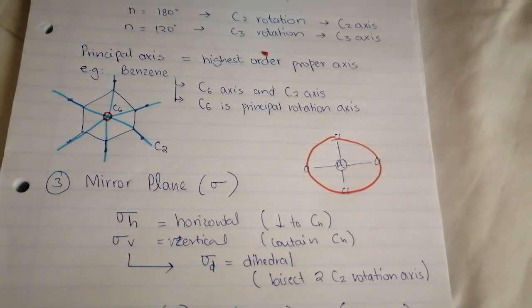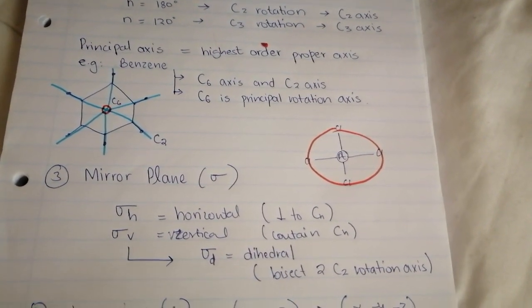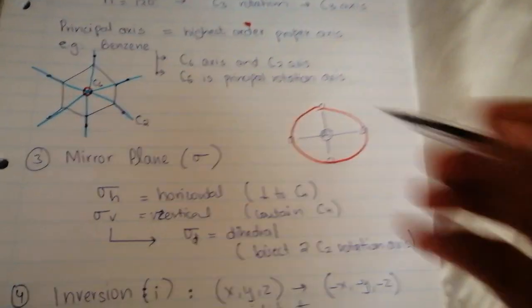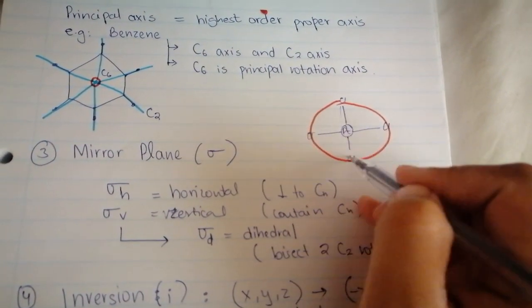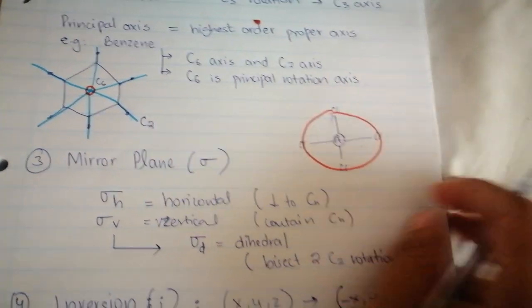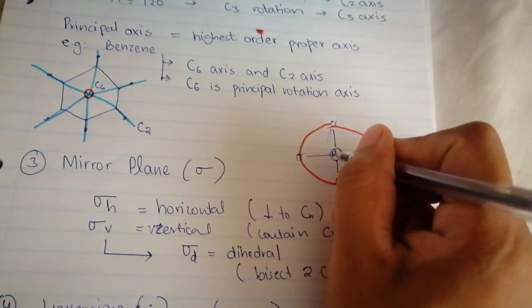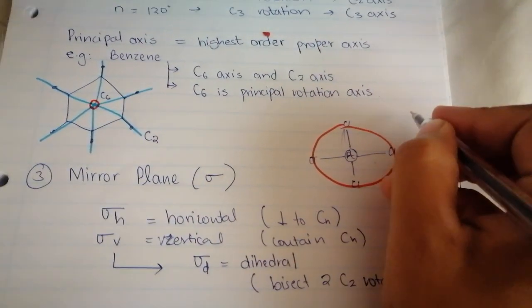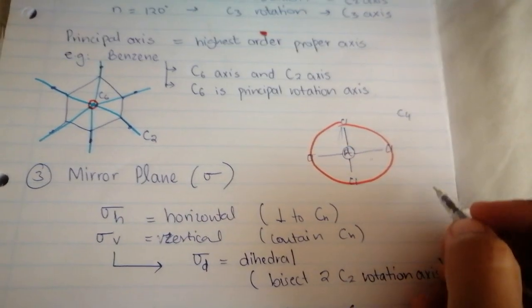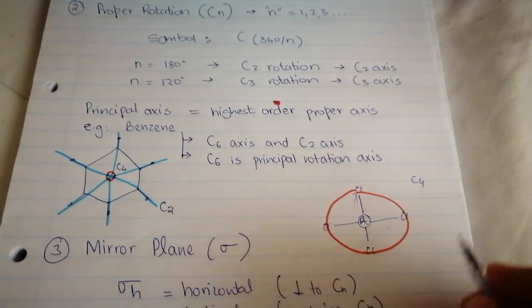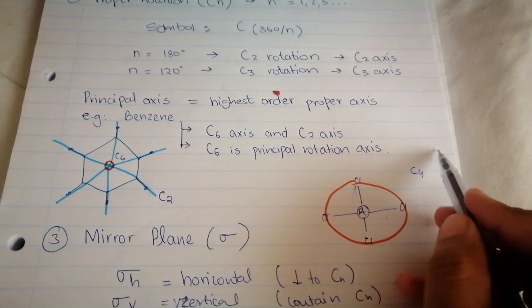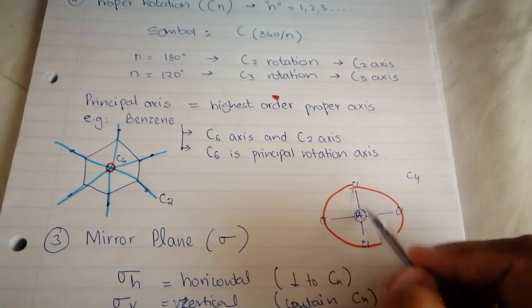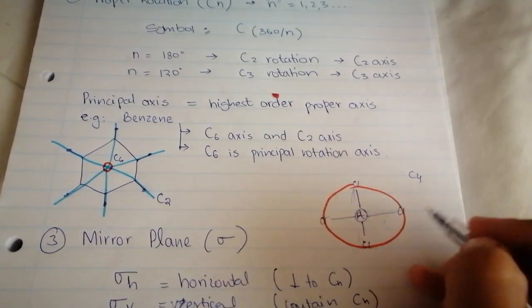Let's find the principal axis. So the chlorines are at 90 degree angles, right? If you look from the middle point here, there is a C4 rotation. How is it C4 rotation? 360 divided by 90 will give you C4. So chlorines are at 90-degree angles.